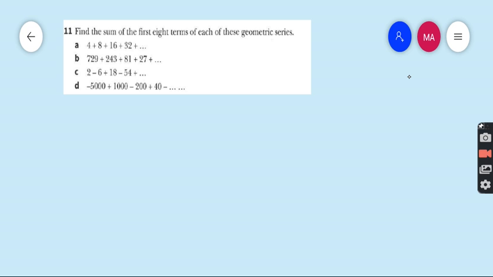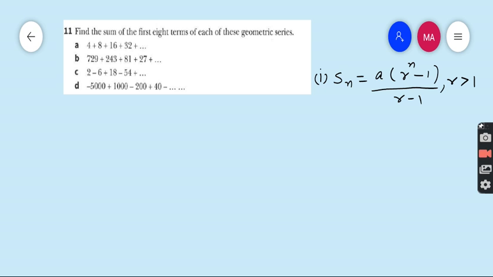Formula number 1 is Sn equals A multiplied by R to the power n minus 1, upon R minus 1, provided R is greater than 1.